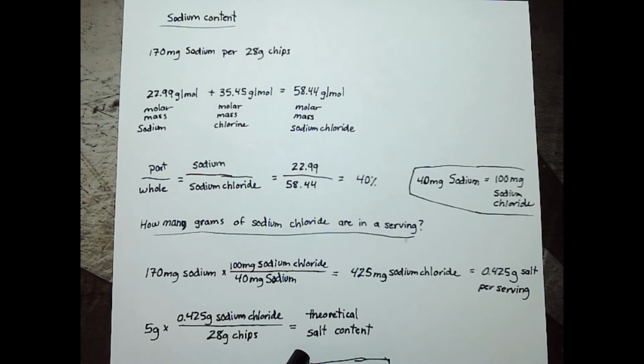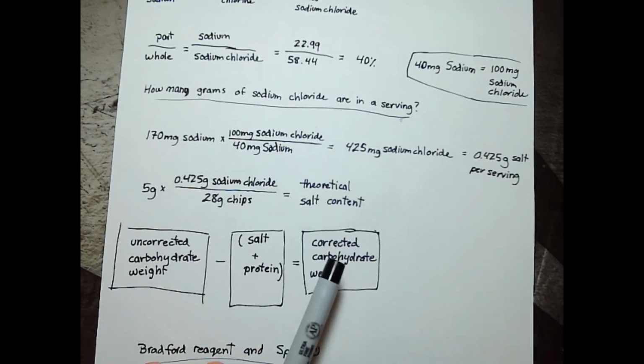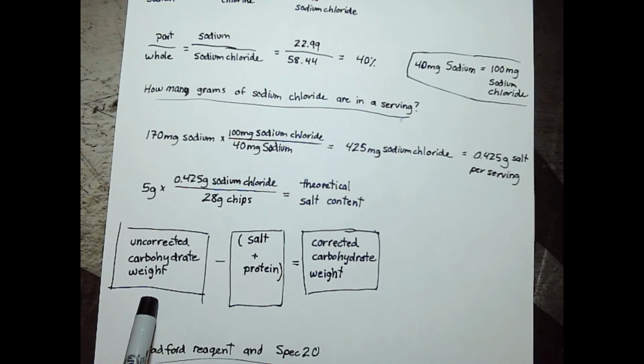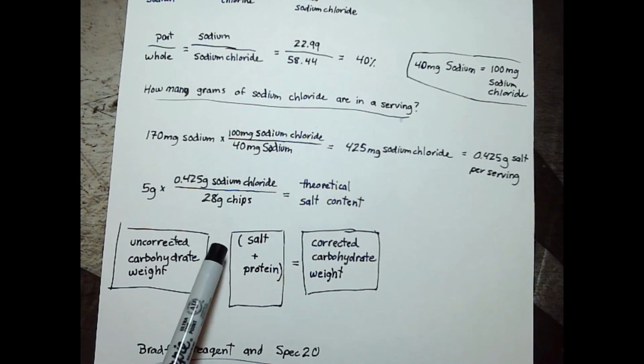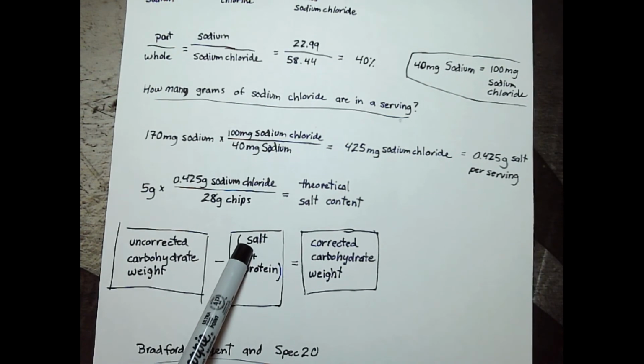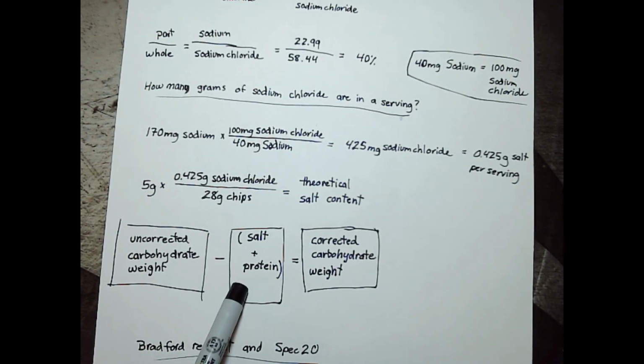And then finally we can find the corrected carbohydrate weight. So we'll take the uncorrected carbohydrate weight, subtract from it the salt content that we calculated and the protein content that we calculated, and that should give us the corrected carbohydrate mass.